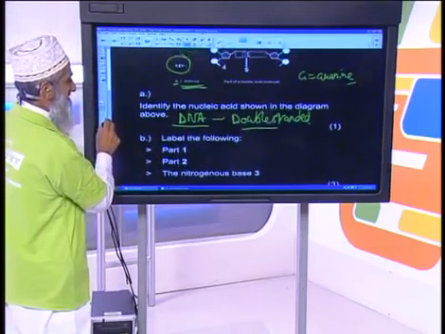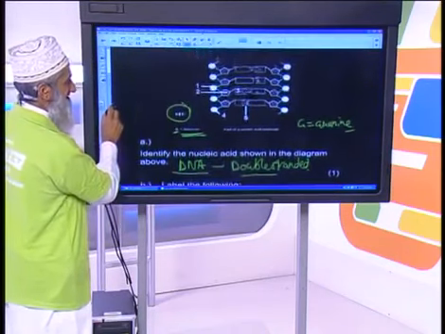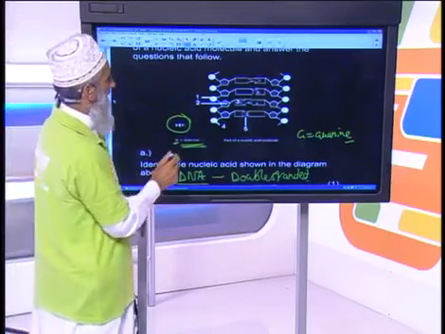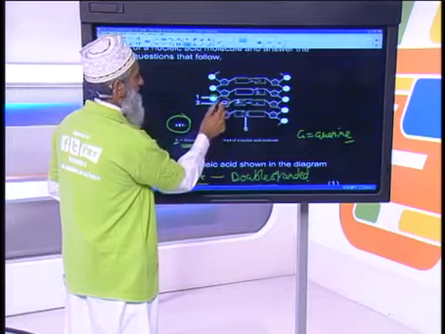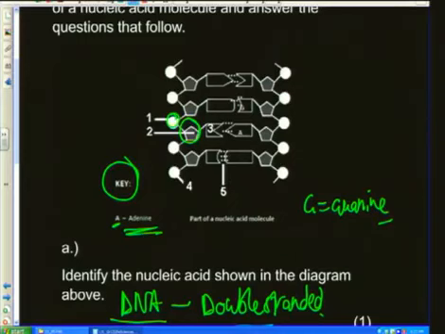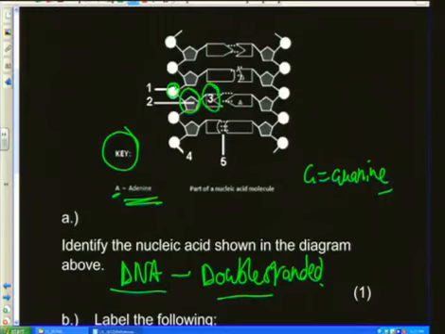Now they're saying label the following: part 1, part 2, and nitrogenous base 3. So part 1 is pointing to this guy here, part 2 to that guy there, and then they ask you for nitrogenous base number 3 there. Okay? Easy stuff. We do it on the diagram. So part 1 is the round one.